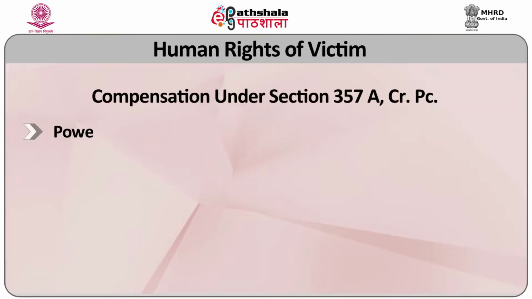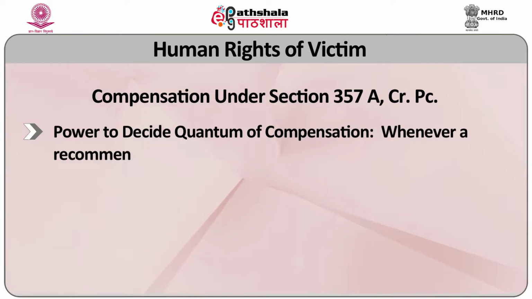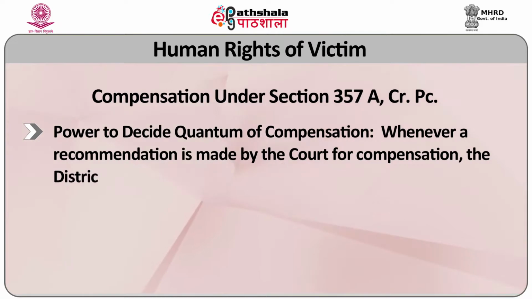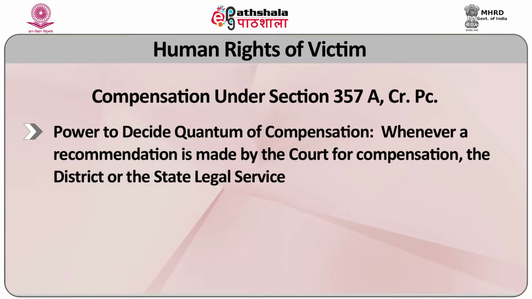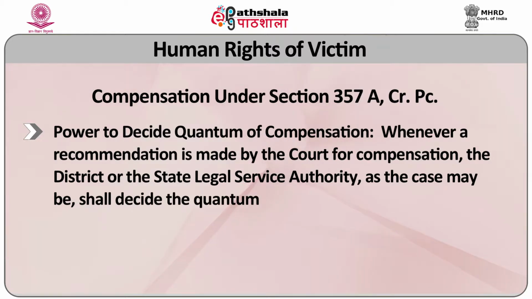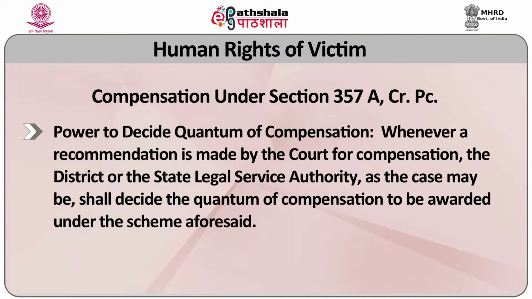Power to decide the quantum of compensation depends upon the recommendation made by the court for compensation. The district or the state legal services authority, as the case may be, shall decide the quantum of compensation to be awarded under the aforesaid scheme.